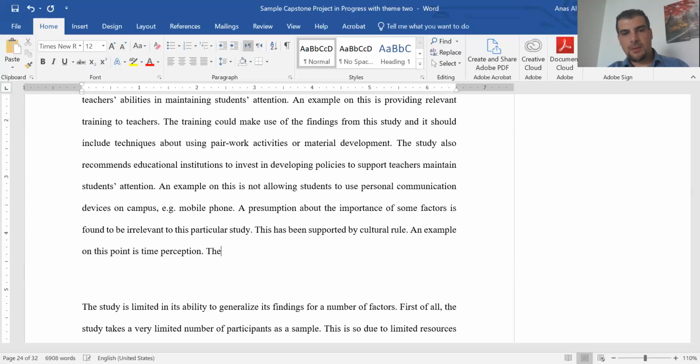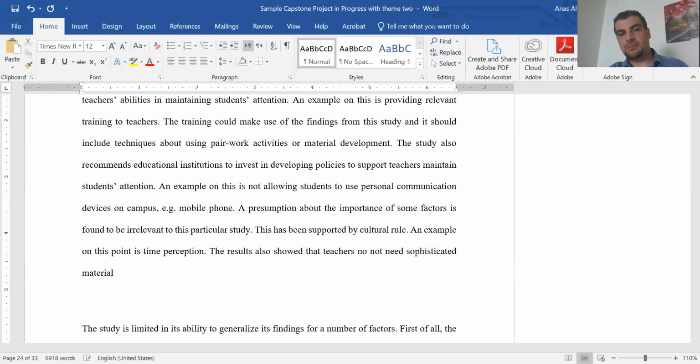The results also showed that teachers do not need sophisticated material in order to improve students' attention.